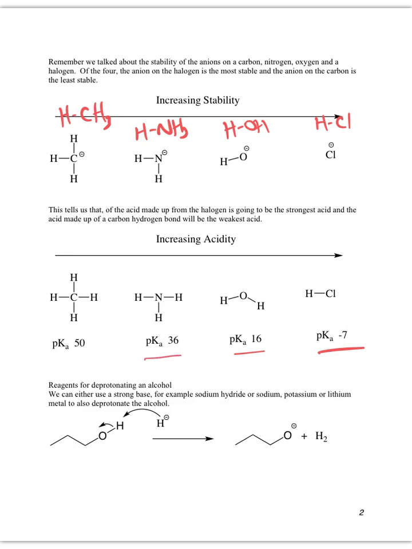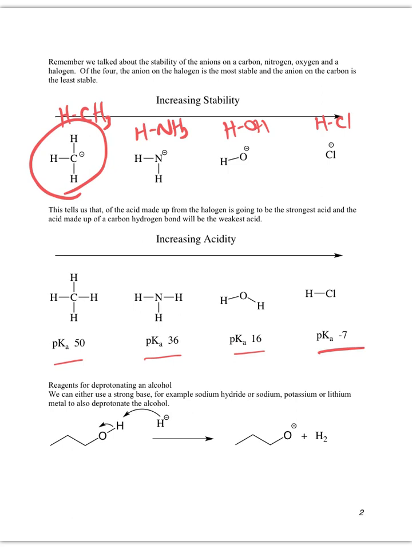Then ammonia is in the 30s, and then methane, the weakest acid of all the acids we'll talk about, is around 50. So that means the methyl anion is the strongest base we will talk about throughout the semester. Okay, it'll take a hydrogen off of anything that we can take a hydrogen off of.